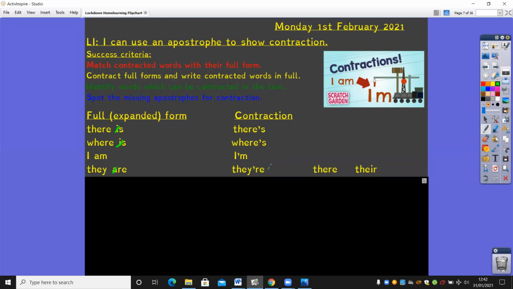Now, I have included two more words here, and let's listen to how we read them. There, there, there. Children, what did you hear? Let's do it again. There, there, there. What is the same about those three words, children? That's right, they all sound the same, children.